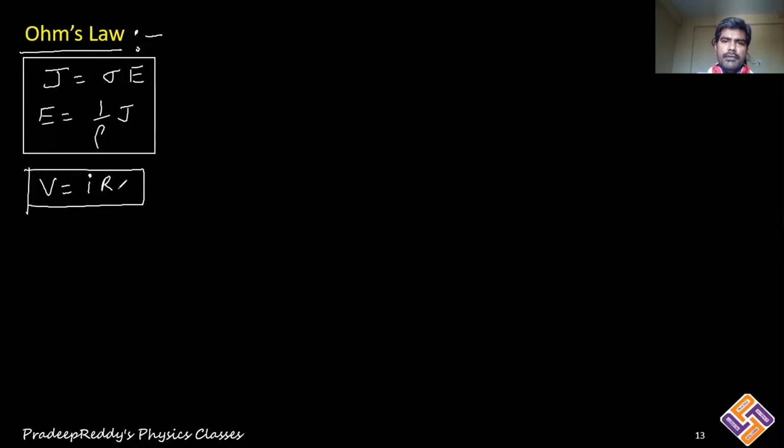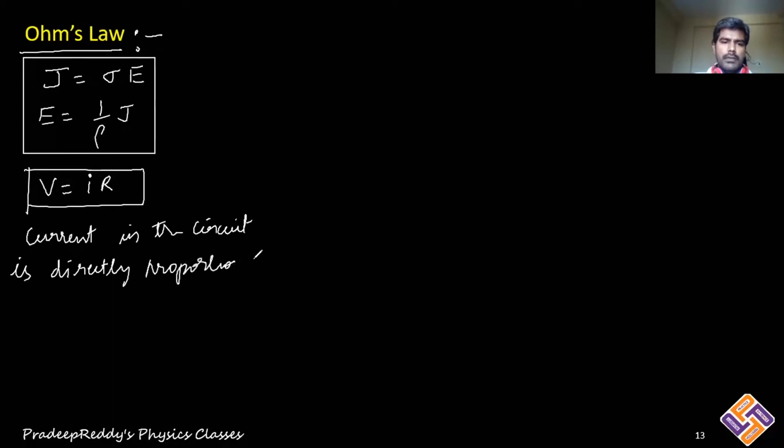From this we get a conclusion that current in the circuit is directly proportional to voltage provided, under constant temperature.